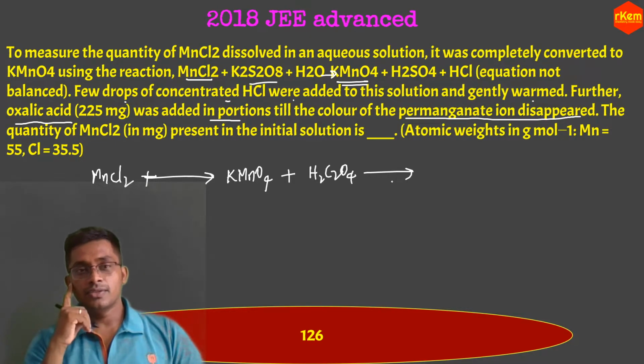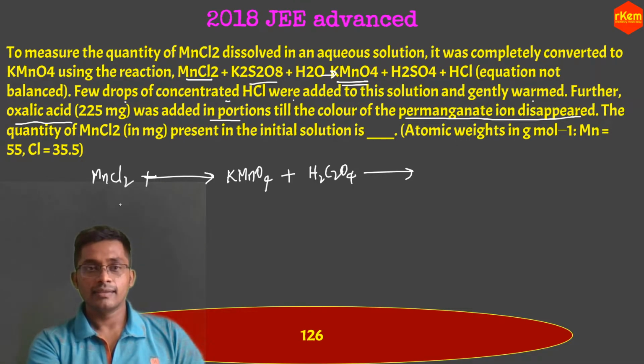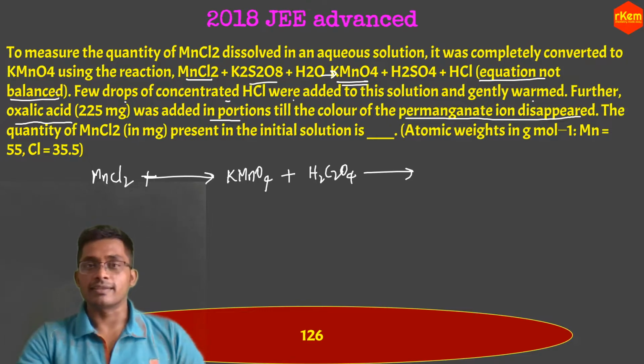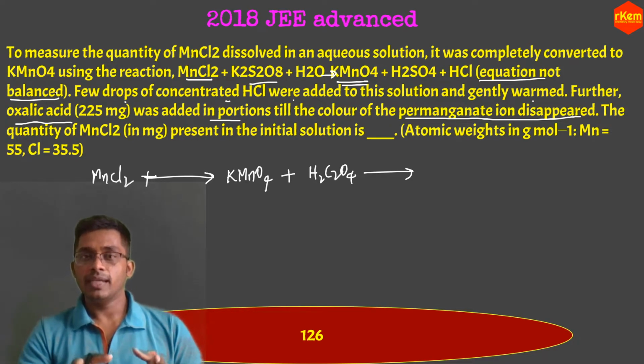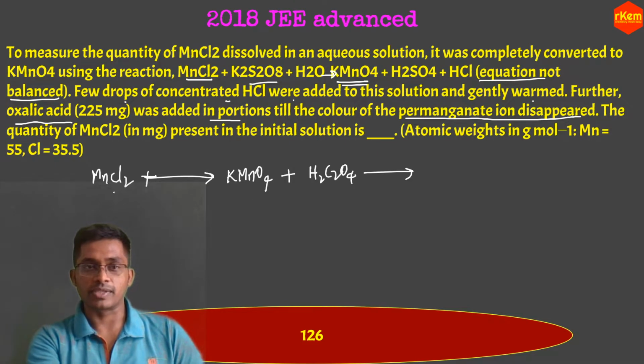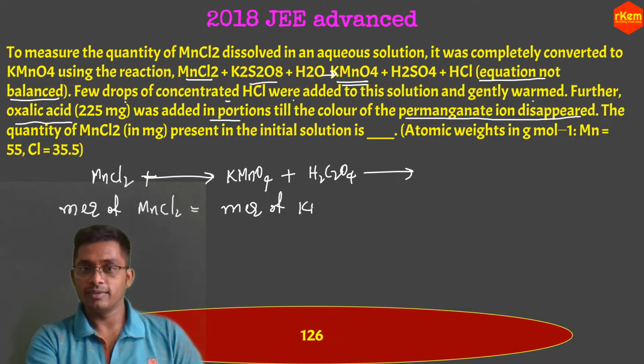Fine. So what you should understand is, they have clearly mentioned the equation is not balanced. So don't waste time in balancing this reaction. So directly you can proceed with milliequivalents. Milliequivalents of MnCl2 is equal to milliequivalents of KMnO4.